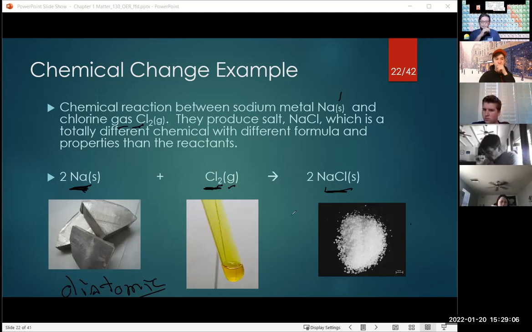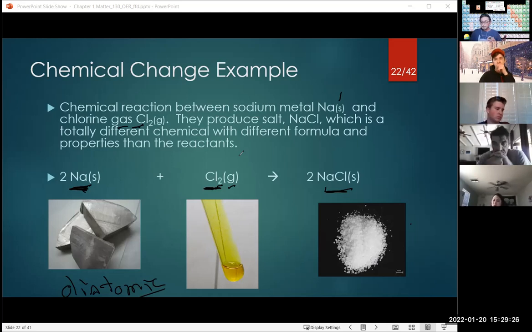So anyway, here's an example of a chemical change. It's not reversible. The arrows are one-way arrows. Can we make it go back into sodium and chlorine? Yes, but we have to put a lot of energy into the system.